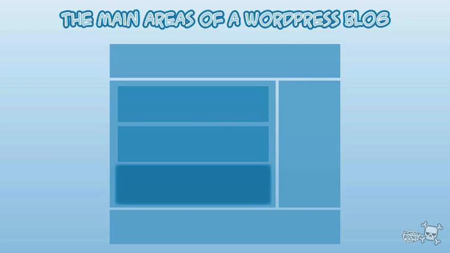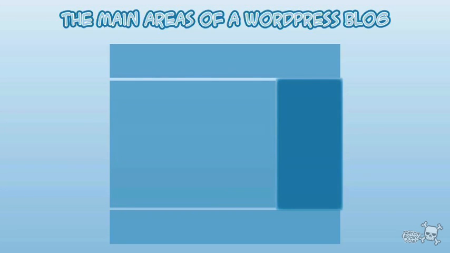And what you need to know as well is your posts are going to appear inside this content area in chronological order, with your newest posts or your most recent posts at the top and your older posts down towards the bottom. And if you have a lot of posts, you'll wind up with previous page links and next page links and things like this. Some people refer to this as your blog loop.